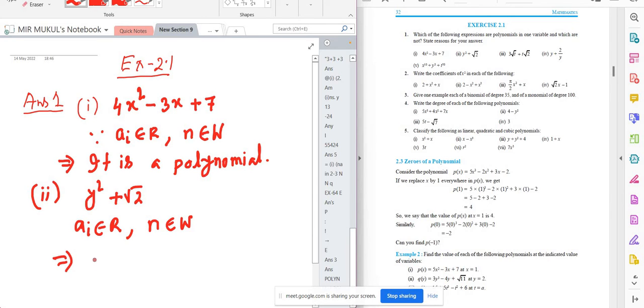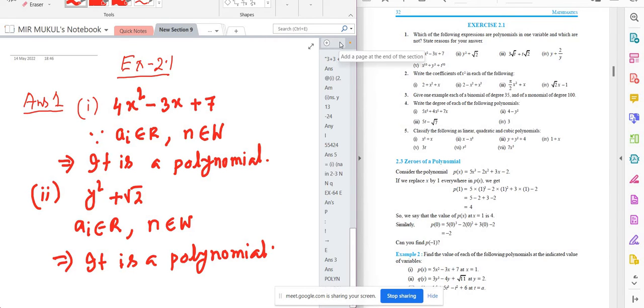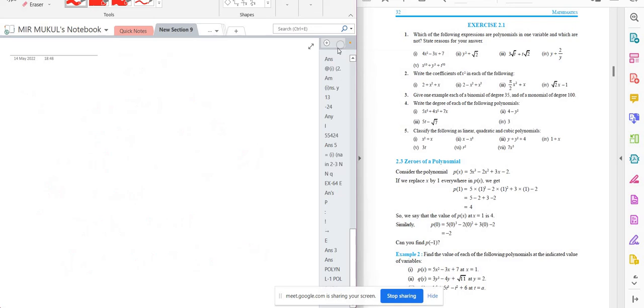So we can say that it is a polynomial. Okay, have you written? Yes, sir.